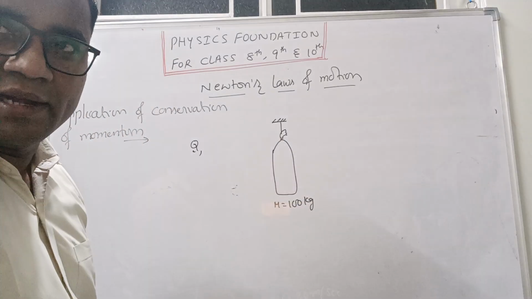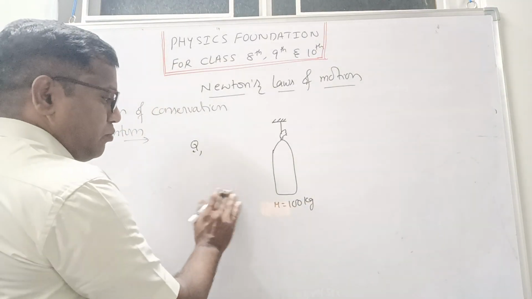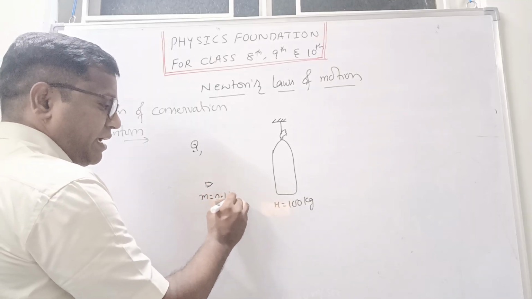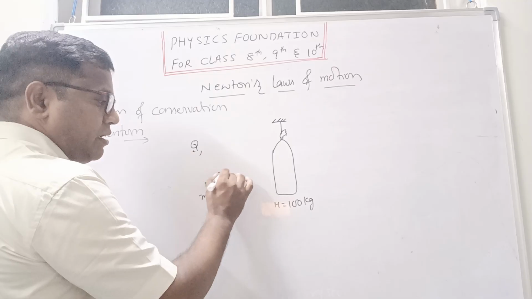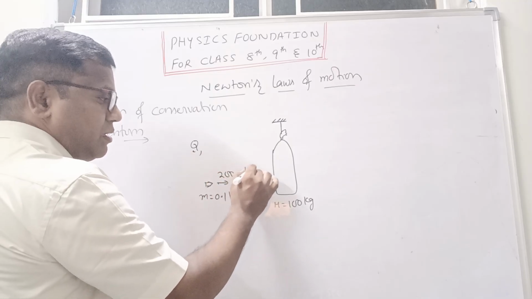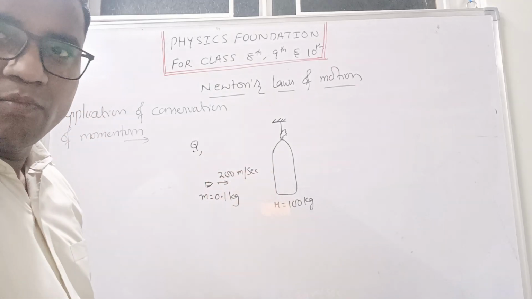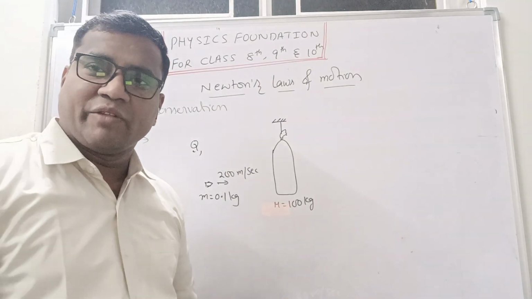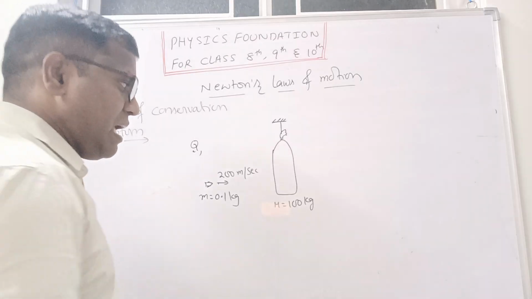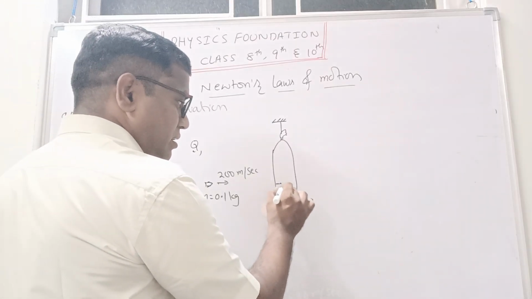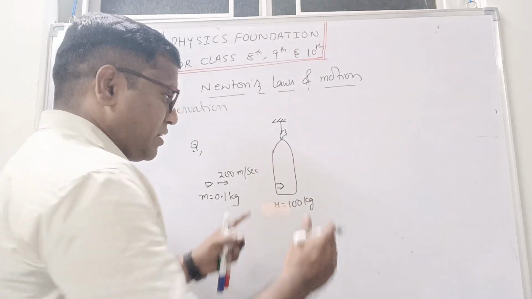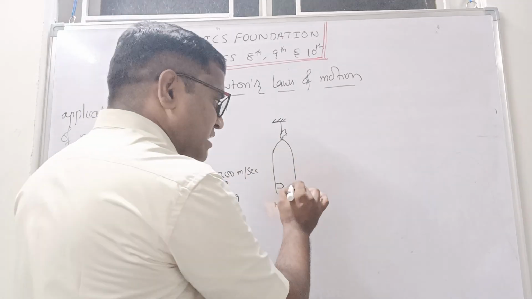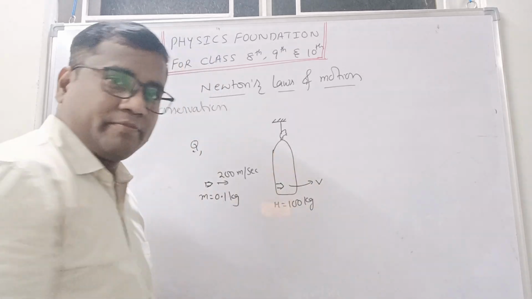A bullet of mass 0.1 kg is moving with velocity 200 meter per second, and it is stuck here. After entering into the sandbag, the whole system moves in this direction with some velocity v.